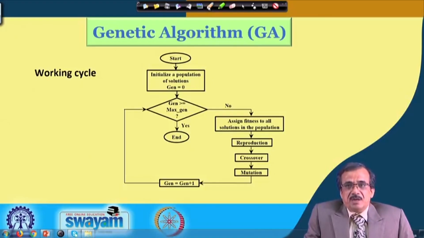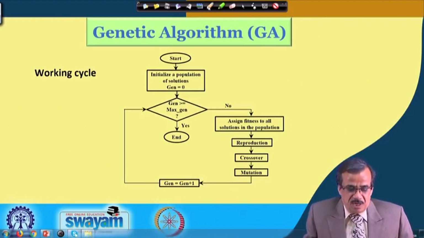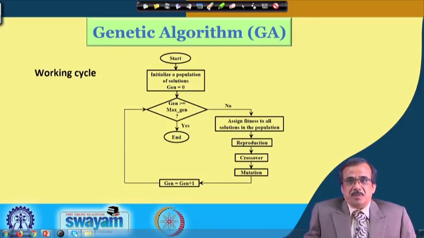If you want more information, you will have to refer to the textbook of this course, Soft Computing: Fundamentals and Applications, or we have already developed another course on optimization, an NPTEL MOOC course, Traditional and Non-traditional Optimization Tools. So, you will have to attend that particular course. Now, let me start with the working cycle of the genetic algorithm.